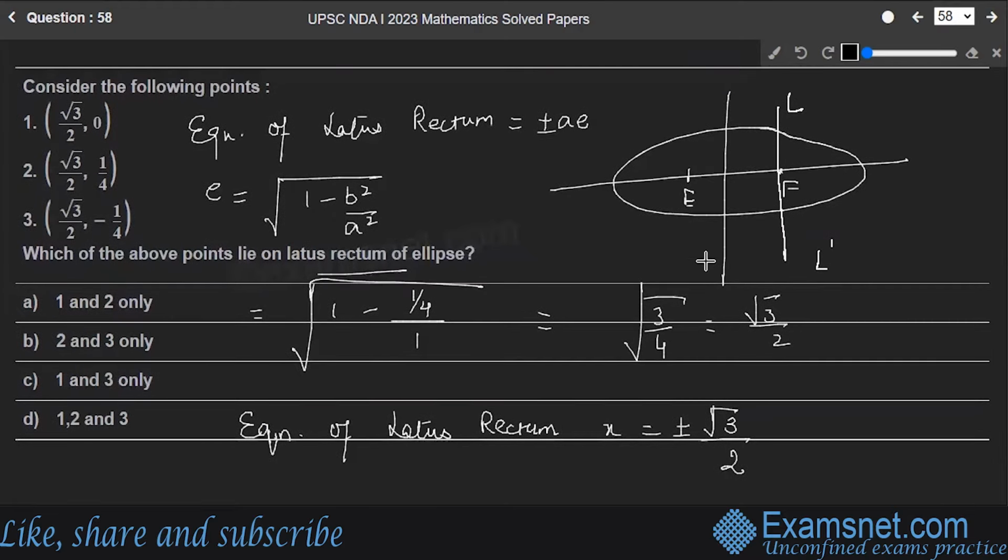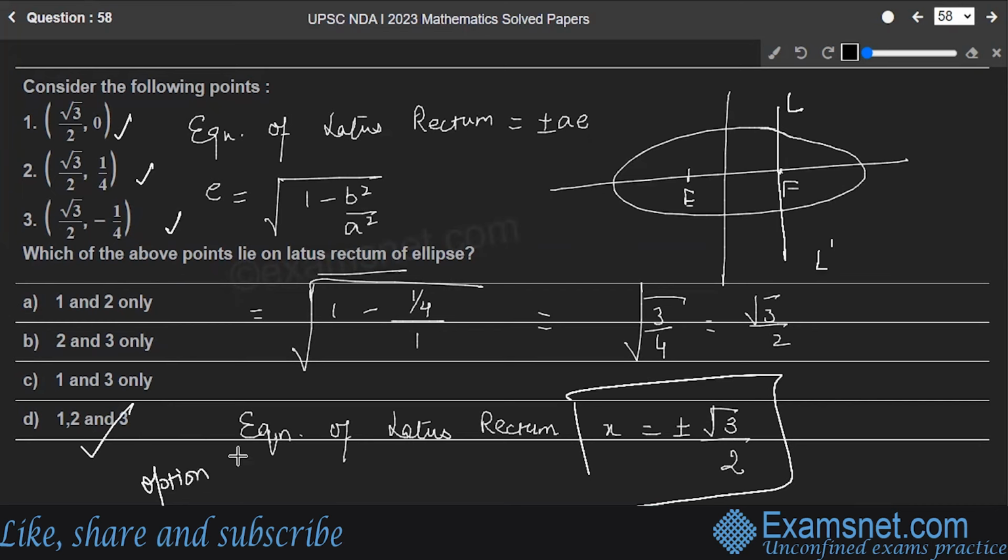So if I check, for this line x equal to a constant, y can have any value, but x has got to be either plus root 3 by 2 or minus root 3 by 2, which is satisfied by all the 3 points. We are not bothered about the value of y. It can have any value. Only x should be either plus root 3 by 2 or minus root 3 by 2. So that means 1, 2 and 3, all of these points lie on this latus rectum. Option D is the correct answer. Hope you got this. Then let's move to the next.